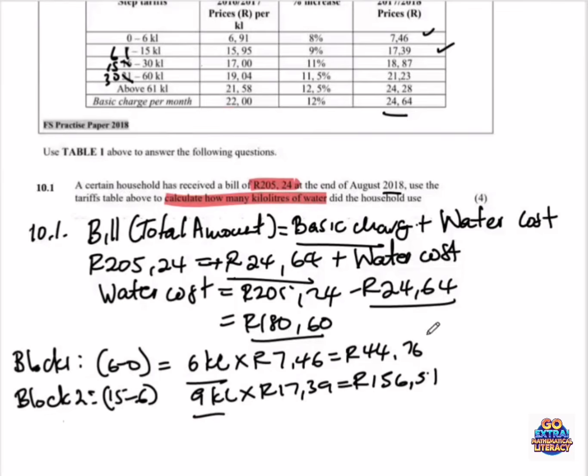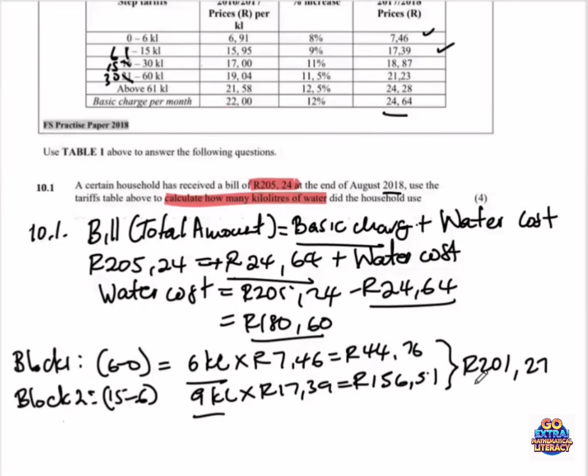So now if we get this 156, I want us to add these two and check if we have reached 180 or what. If we add these two values, they give us 201 rand 27 cents.